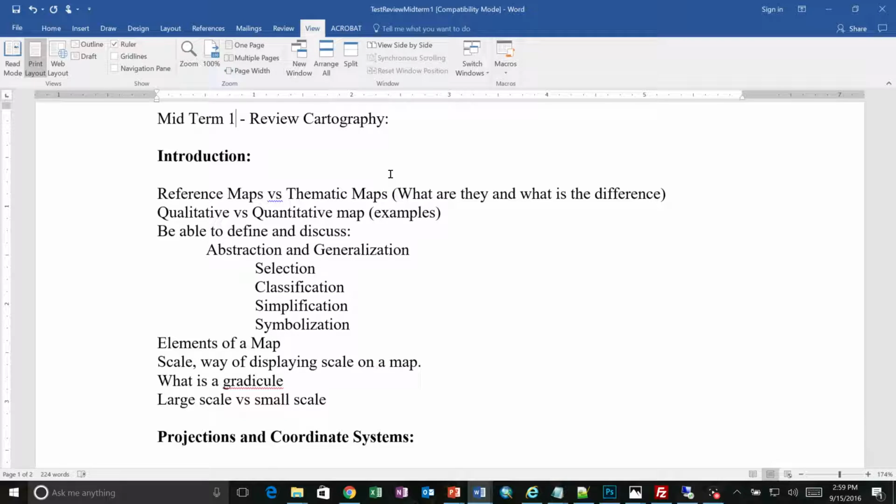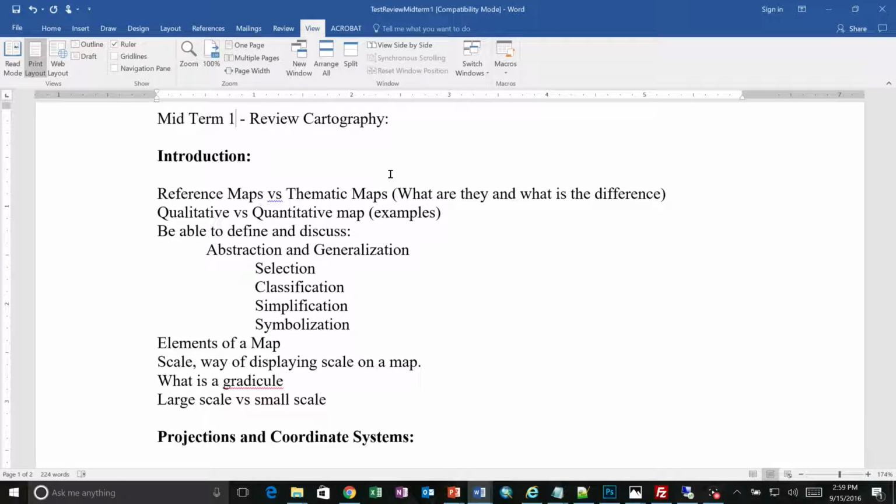All right. Okay, you need to know the elements of a map. We talked about what those were: a title, the actual data itself, the map itself. ArcGIS calls it a data frame, but lots of times it's just the map. The title, the map, the legend. Okay, there's always a legend.